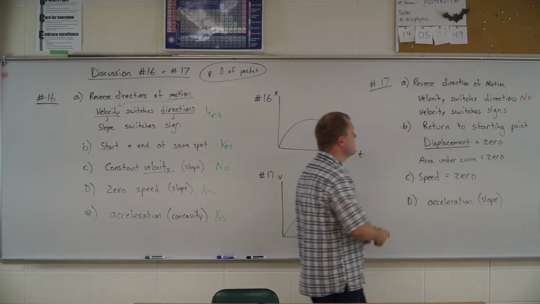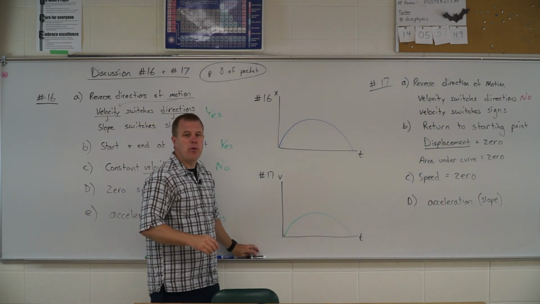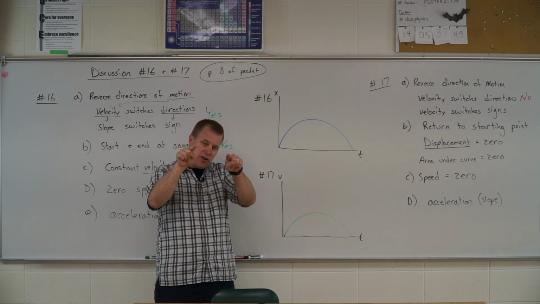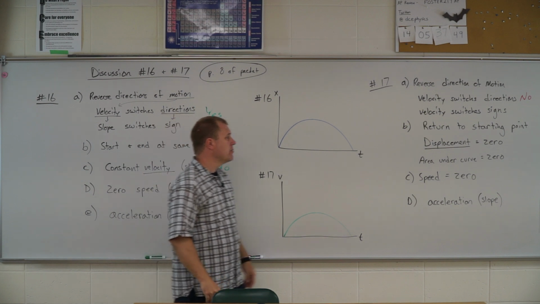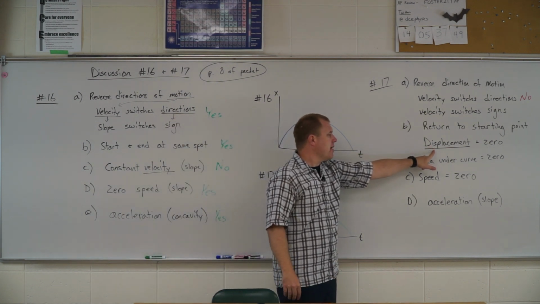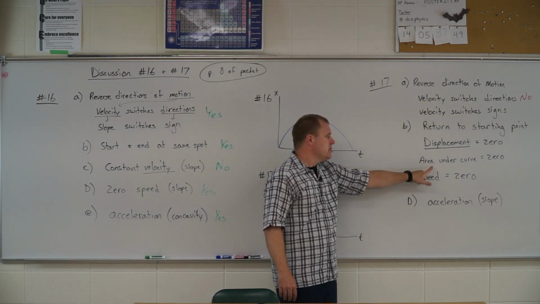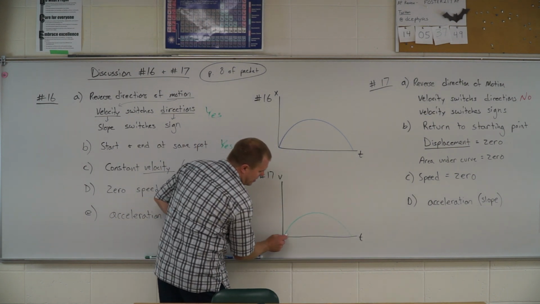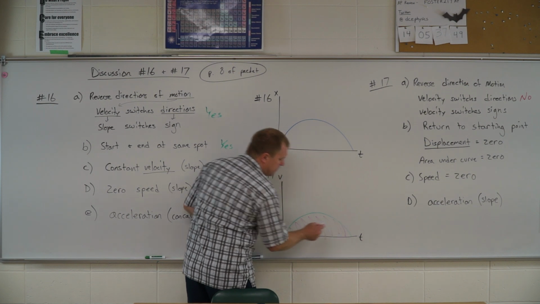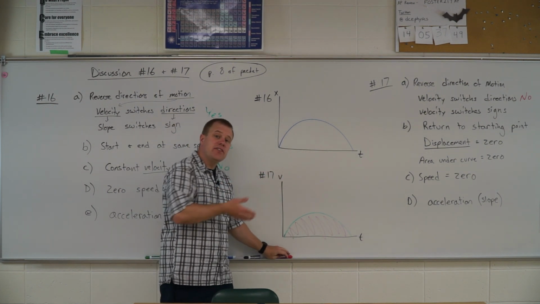All right. Does it return to its starting point? If you start at one spot, go somewhere and come back, your displacement should be 0. And when I look at a velocity versus time graph, displacement is determined by the area under the curve. And so if I look at this one, I see that the area under the curve here is above the axis, so it's a positive area.